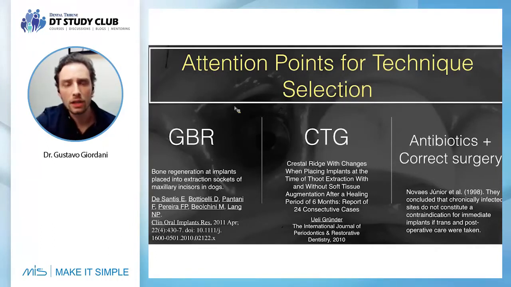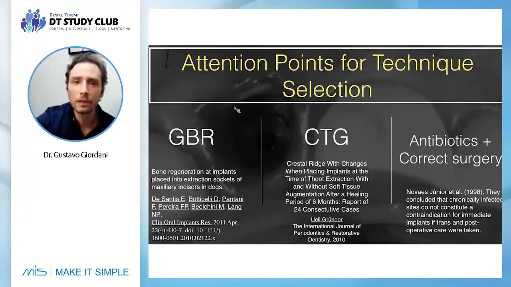Always, we're going to use a connective tissue graft in order to create a thick tissue and to create stability of my case. So if I have a very thin tissue, as Monica has or had, I will treat this with a connective tissue graft, and we're going to increase the thickness of the soft tissue. So those are not contraindications, but attention points for technique selection.